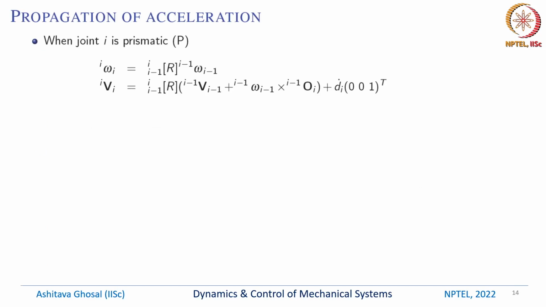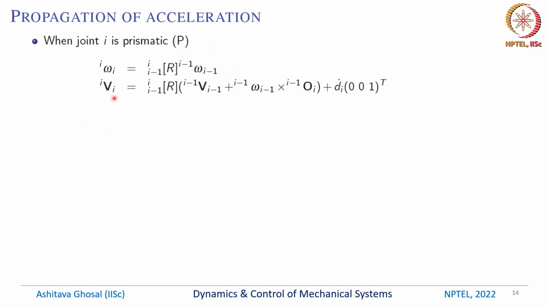So the propagation of acceleration when two rigid bodies are connected in a serial chain with a prismatic joint is very straightforward. We start with the propagation of angular velocity and linear velocity, whose expressions have been given earlier. The angular velocity of the ith rigid body is the same as the angular velocity of the (i-1)th rigid body.